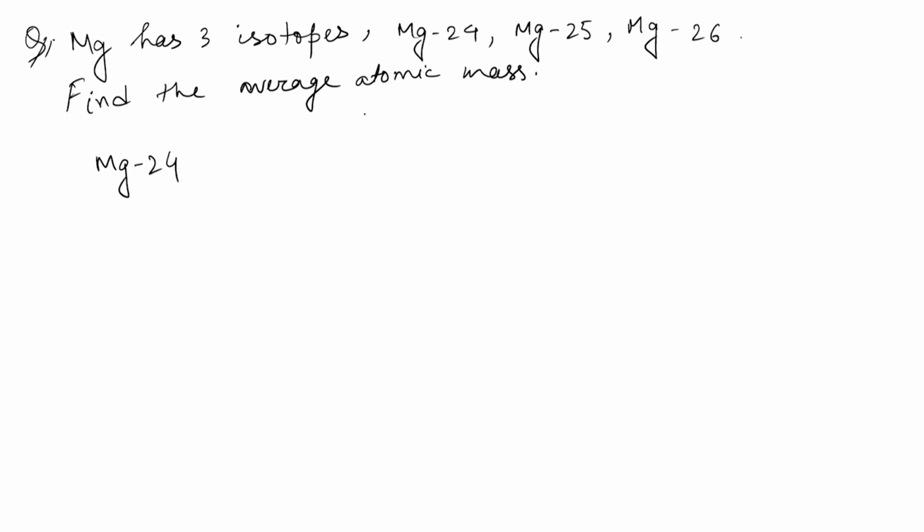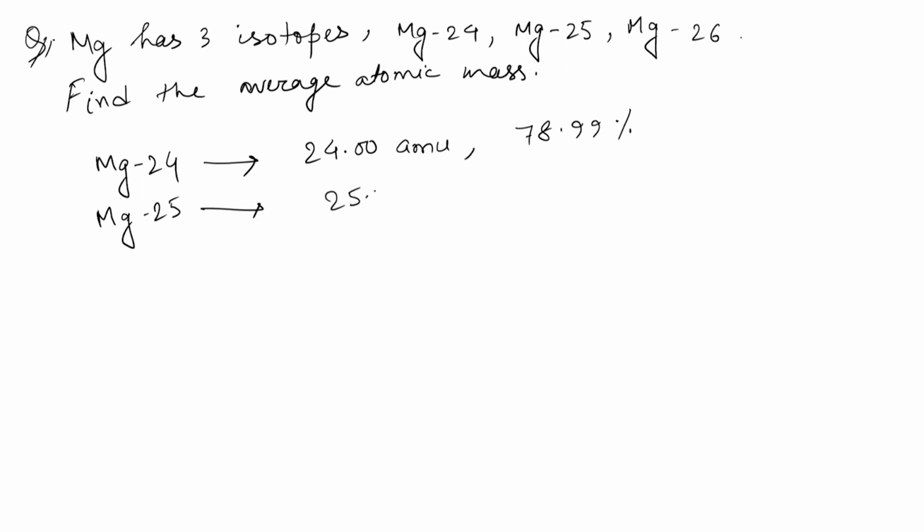Mg24 has a mass of 24.00 AMU and abundance is 78.99%. Mg25 has a mass of 25.00 AMU and an abundance of 10.00%.